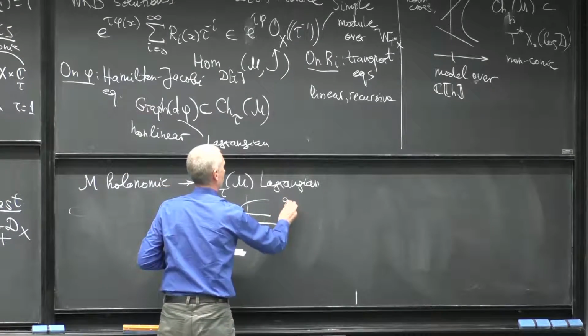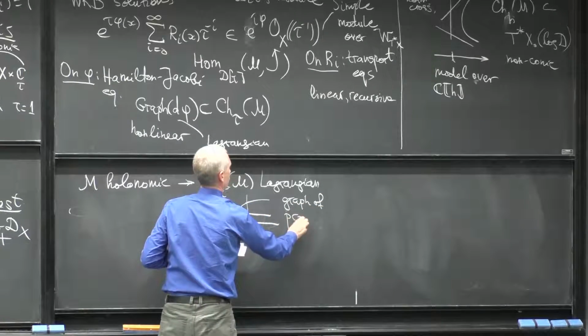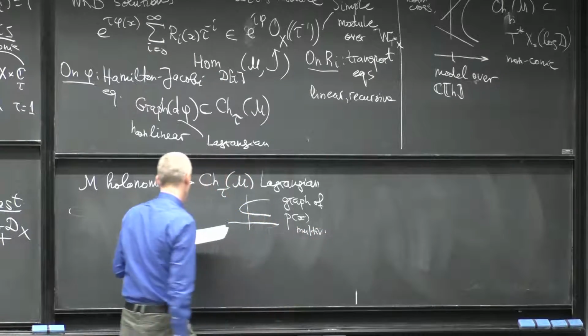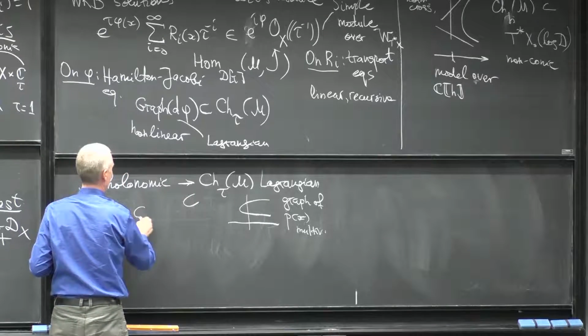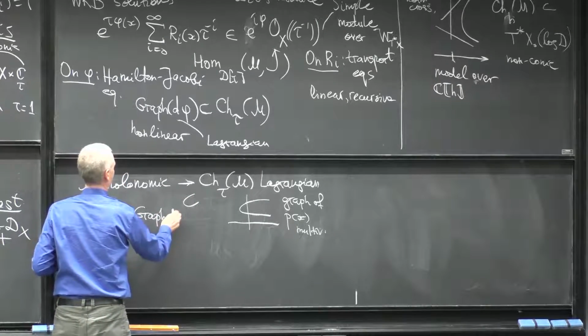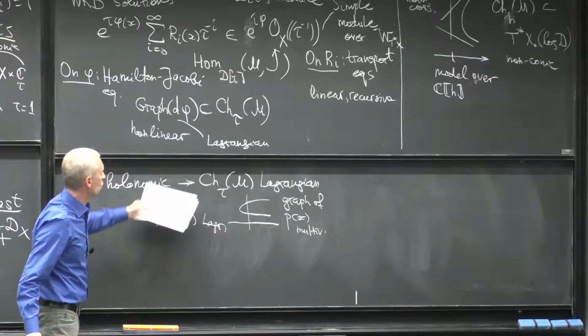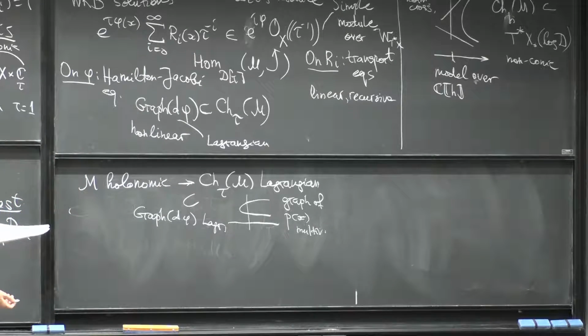So we can think of a graph of function p of x, which is a multivariate function. So in this case, if the graph of d phi is also Lagrangian, it simply means that they coincide whenever the function is locally defined.